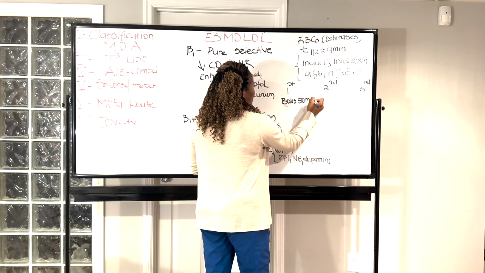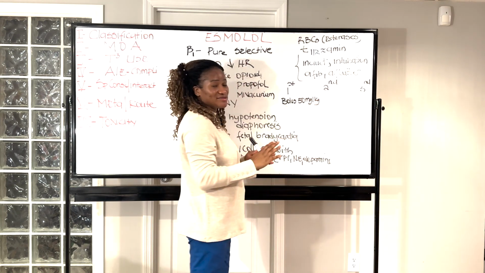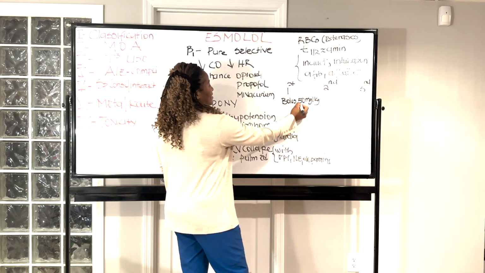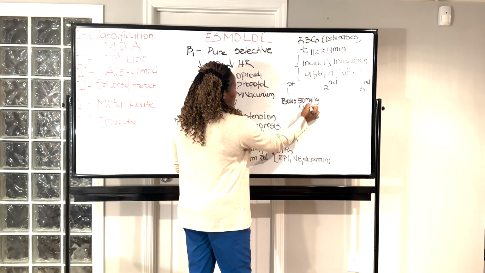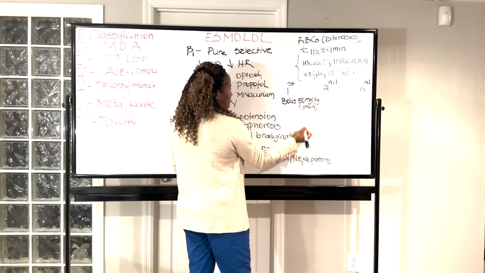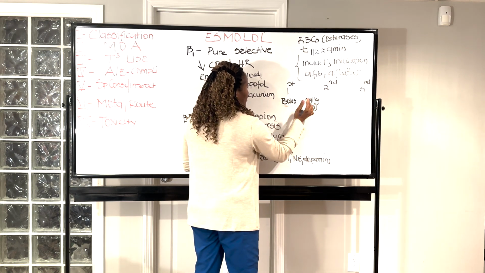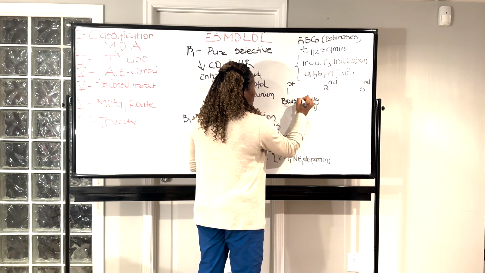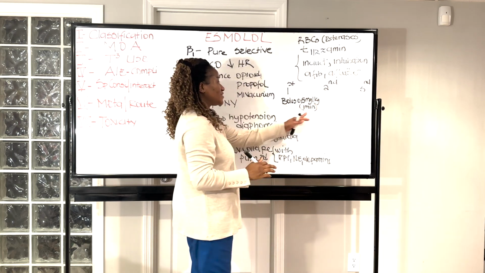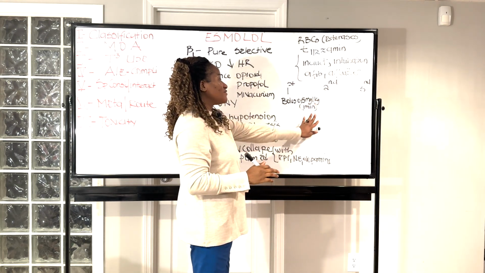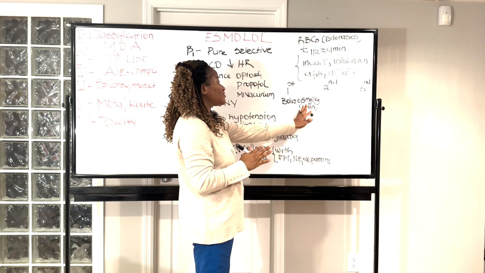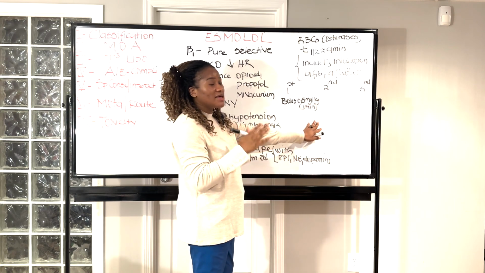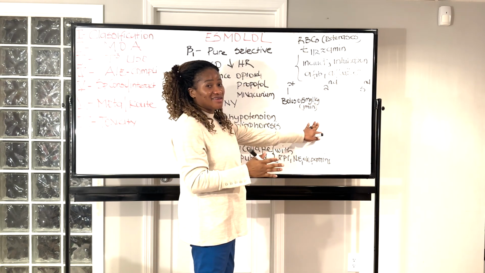Sorry, you're going to give a bolus of 0.5 milligram per kg over 1 minute. The bolus is always going to be 0.5 milligram per kg.